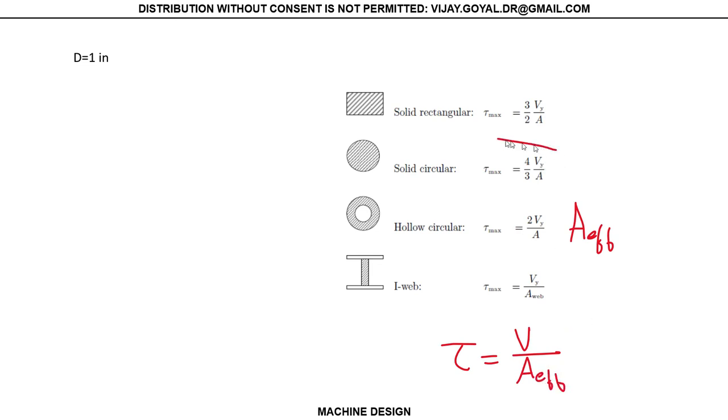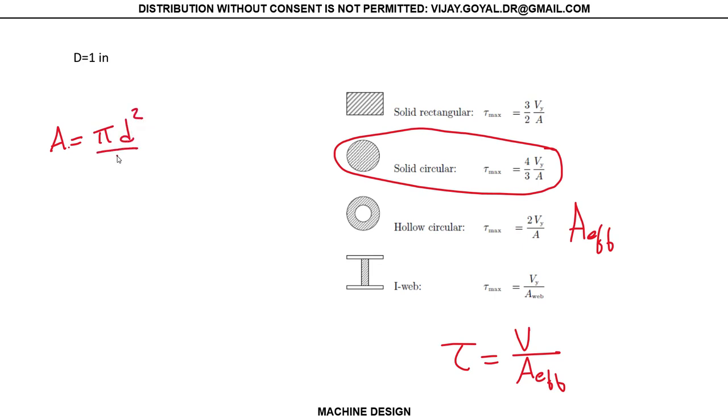And this is circular. So for a circular case, first of all, the area of the cross section is equal to pi d squared over 4. That gives me 4.854 inches squared.